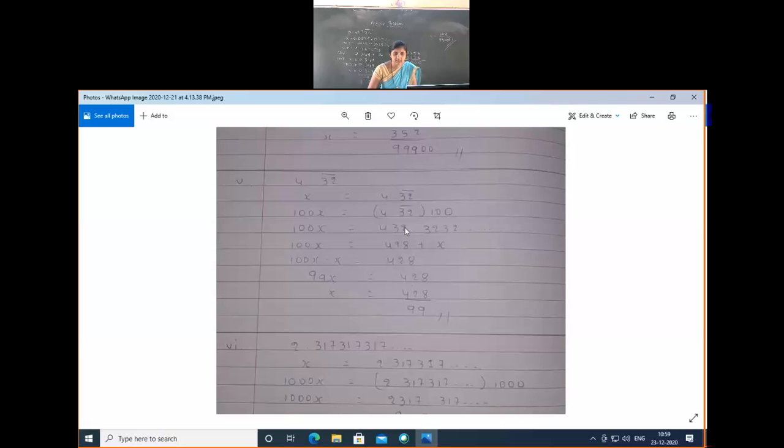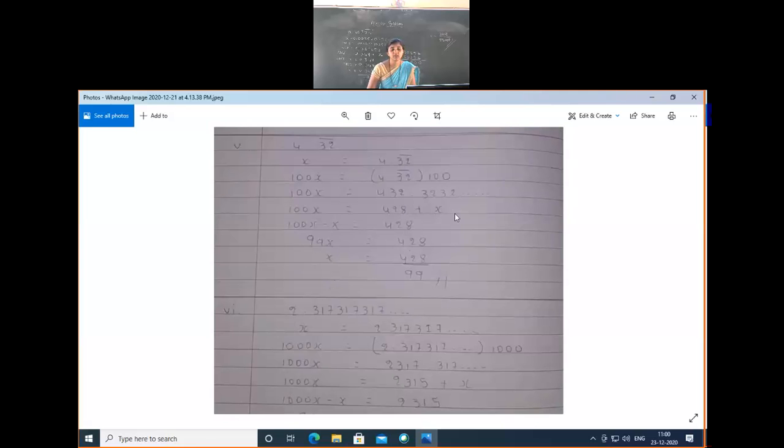Then 100x is equal to 432.3232 and so on. When we split this number, we get 428 plus x here. Then take this x to this side, 100x minus x is equal to 428. So then 99x is equal to 428. Then x is equal to 428 divided by 99.